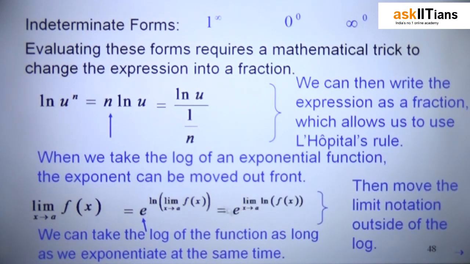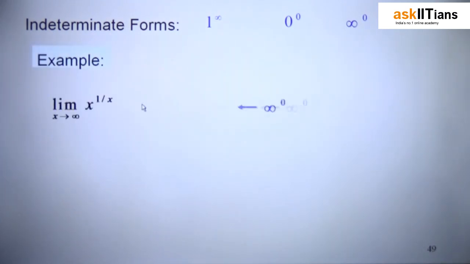Then, using the properties of log, I can take the limit outside, and this will be e to the power limit x tends to a of ln f(x). Then I'll try to write this complete expression in the form of a fraction, with which I'll apply L'Hopital's rule, which will give me the final answer. Let's take an example.